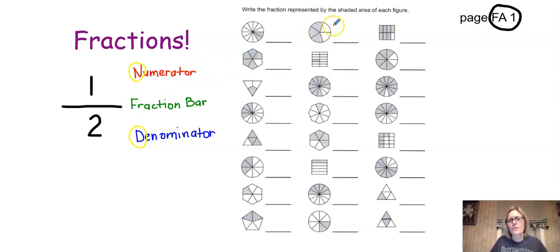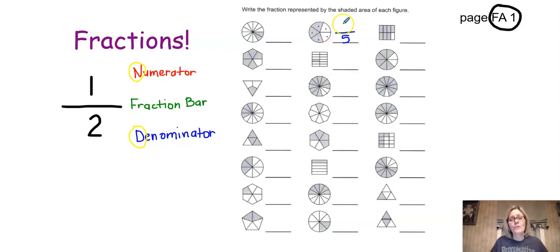So if I were to choose, I'm just going to choose this one right here. These aren't numbered, but you can see which one I'm working on, and you have the same one on your page. That means I would need to count every piece. And so I'm going to keep track of my counting by putting a little dot in there. 1, 2, 3, 4, 5. So I found my denominator. My denominator is always the whole thing.